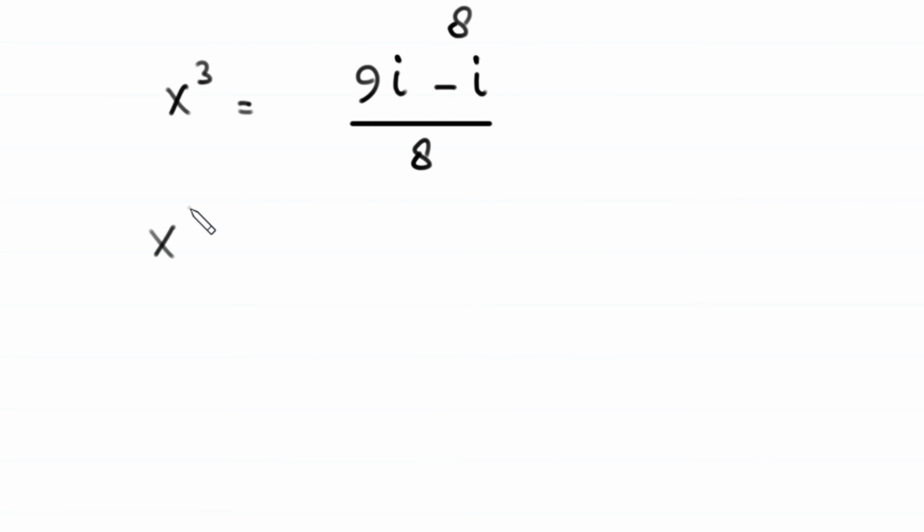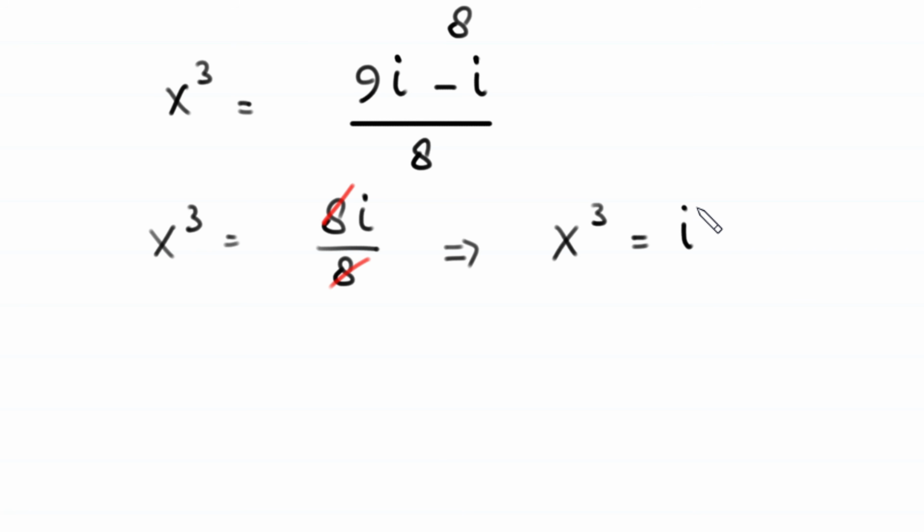Next, x cubed equal to 9i minus 1i will become 8 times i divided by 8. So this 8 will be cancelled out and we are left with x cubed equal to i.